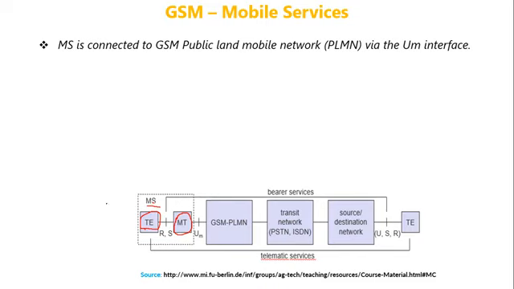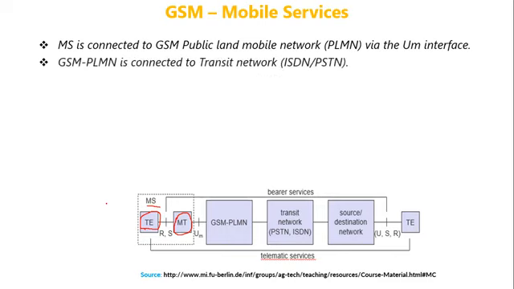So the mobile station is connected to GSM PLMN. PLMN represents public land mobile network. The mobile station is connected to GSM PLMN through an interface called the Um interface.